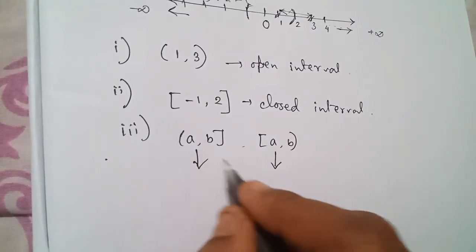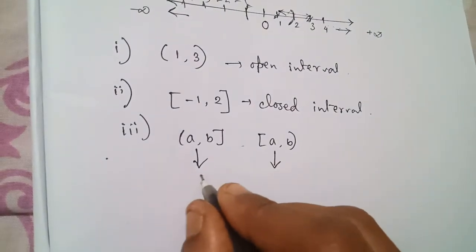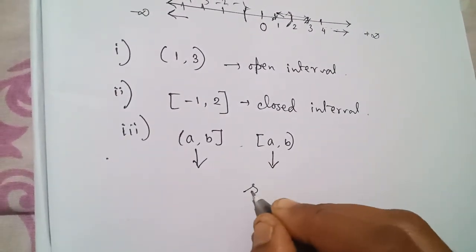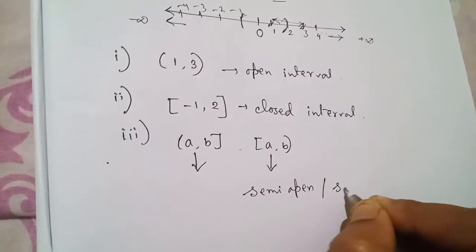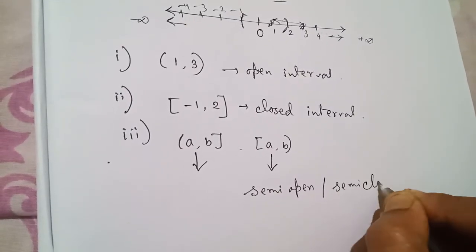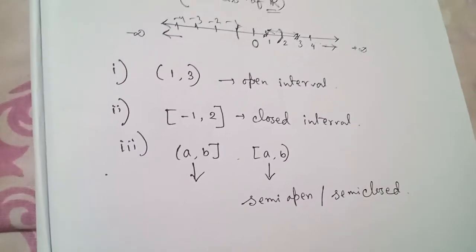So these two types of intervals are called semi-closed or semi-open. Anything you can tell, semi-open or semi-closed intervals.